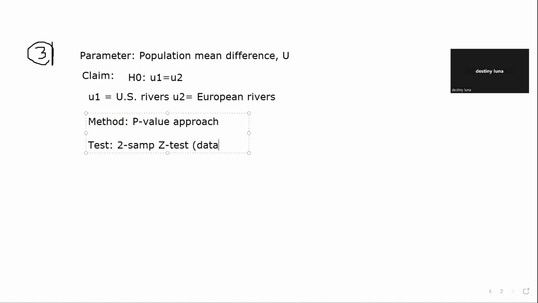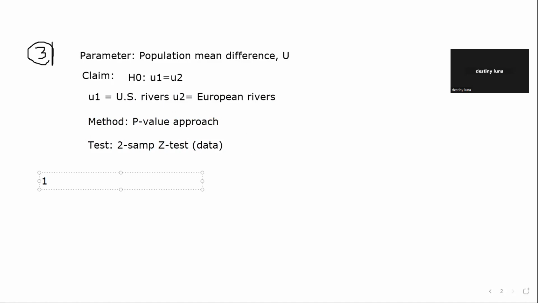So we're going to put data there, and that becomes important. You'll see why, because she can give you raw data or she can give you the summary statistics. Now, from there, you can start doing your hypothesis test.